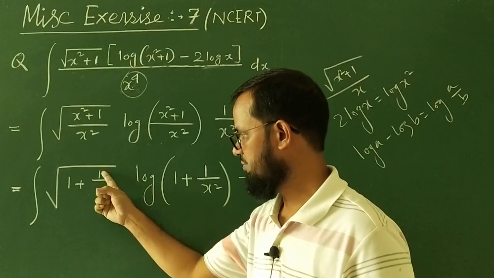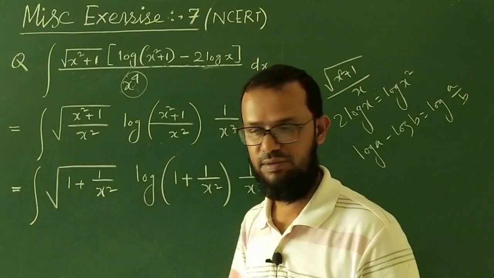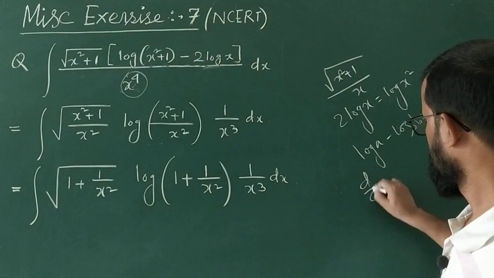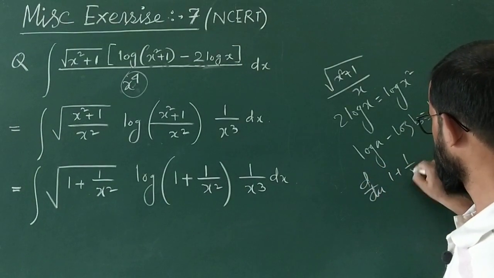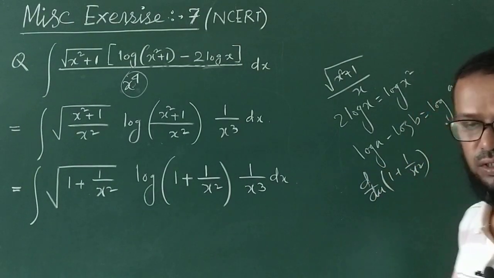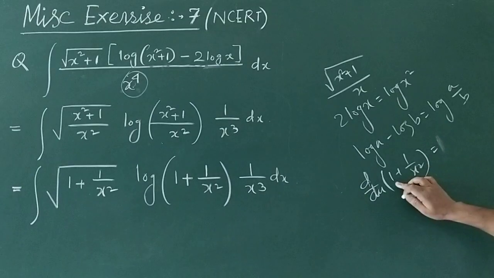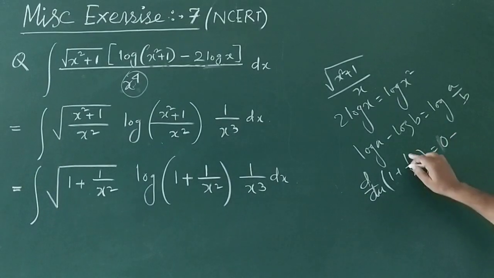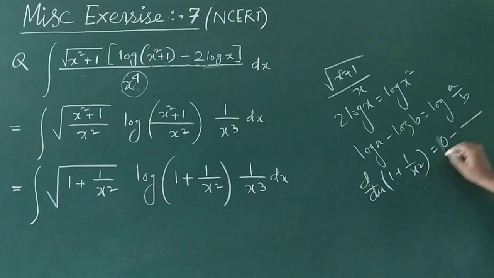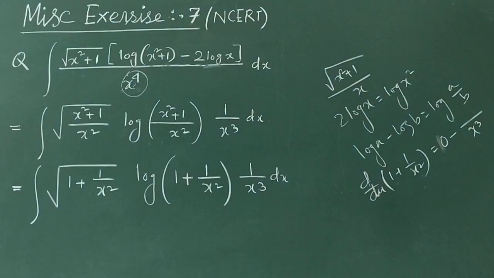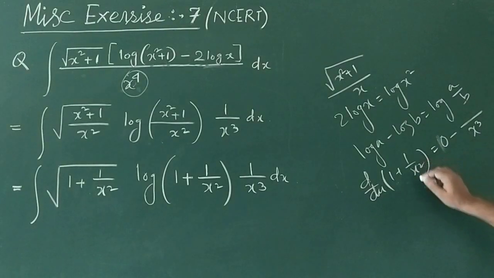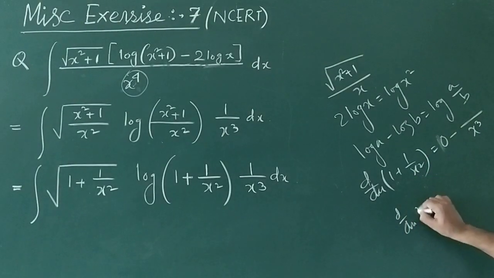And we know the derivative of 1 by x square. What is the derivative of 1 by x square? d/dx of 1 plus 1 by x square. I am adding 1 also. d/dx of 1 is 0, and d/dx of 1 by x square, which is d/dx of x to the power minus 2.